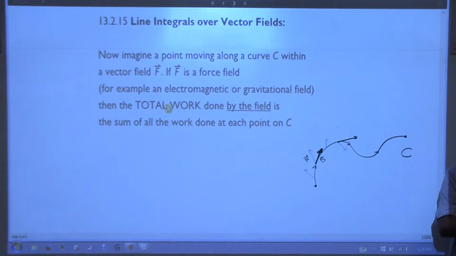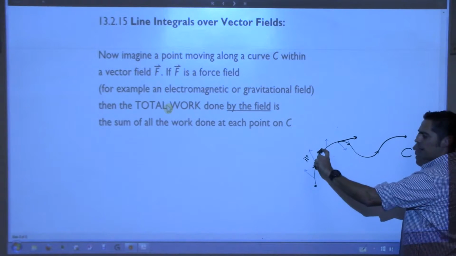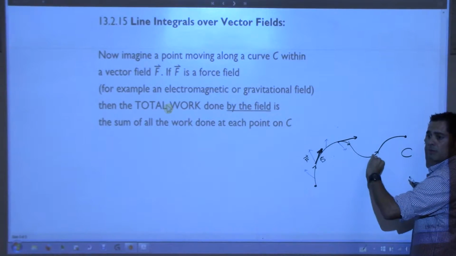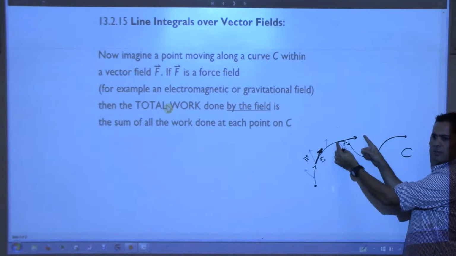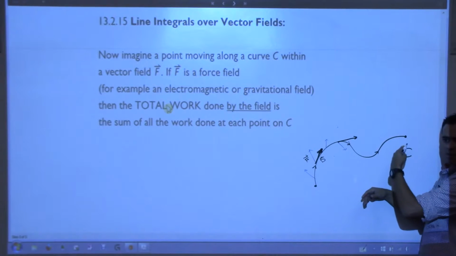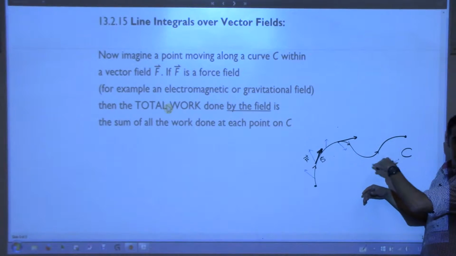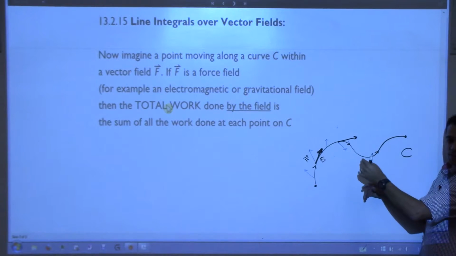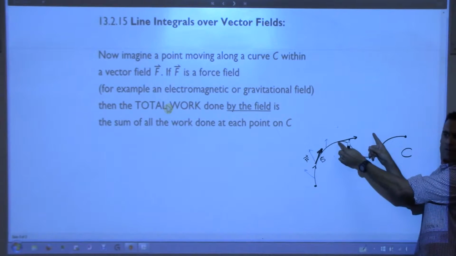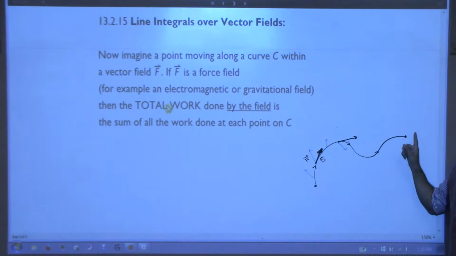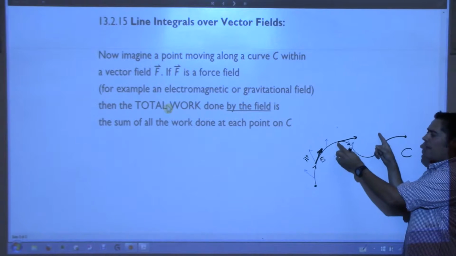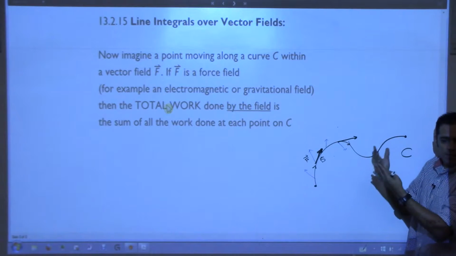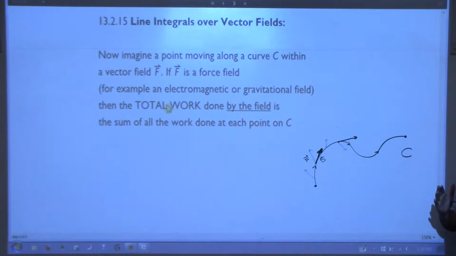Not quite, almost, because this tangent vector changes as I move. Does anyone remember how the length of this tangent vector relates to the curve itself? It's the speed, exactly. So the longer the vector is, the faster the particle is moving. We don't want the speed to have an effect on the displacement, because speed and displacement aren't exactly the same thing.